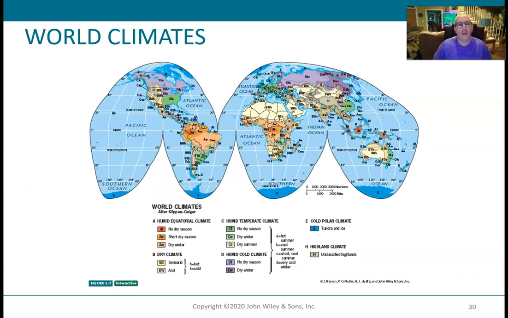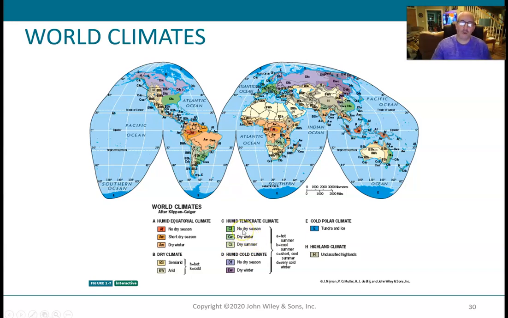Here's the global map of the different climates, and you can see here you have the primary climate regions like the A, B, C, D, but under those you have subcategories. Under each one of these, say for instance the humid temperate climate, which is what we're in here in Kentucky, you have no dry season, which is what we're in, an exceptionally dry winter, or an exceptionally dry summer.